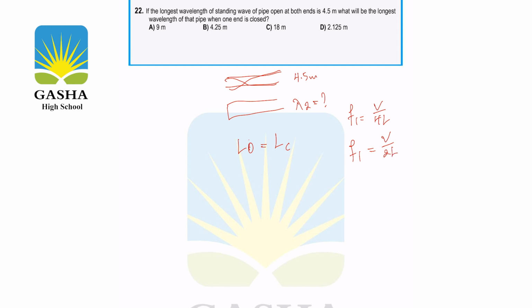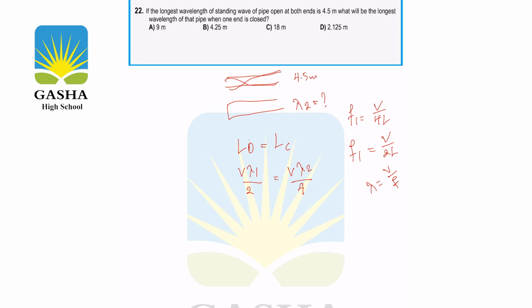So since L are equal, we can rewrite the question based on wavelengths, because we already know that lambda is V over F. So by substituting a few values, here we have V lambda 1 over 2, and here we have V lambda 2 over 4, okay?